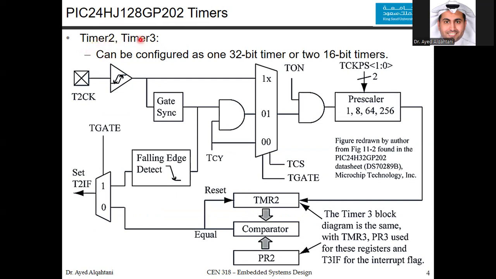But for timer 1 and timer 2, this is the block diagram inside the microcontroller. There will be an external pin in the microcontroller, and this external pin is actually for the timer external clock source.